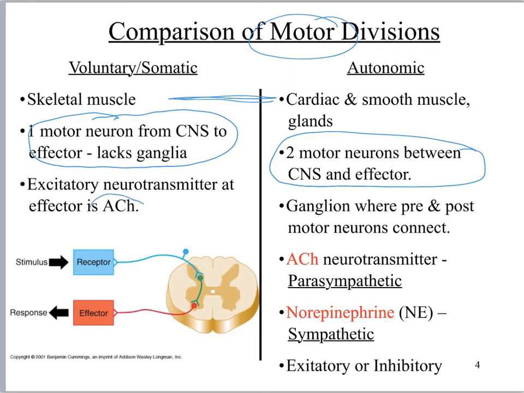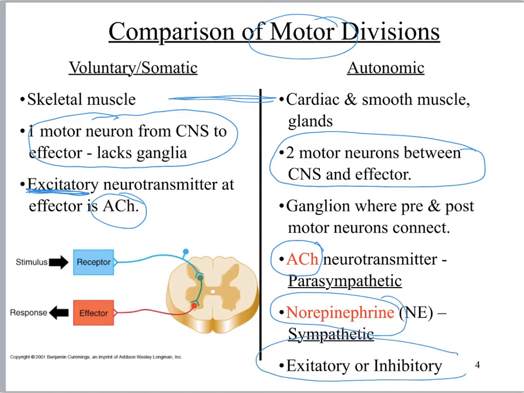Skeletal muscle is going to be using acetylcholine, but in the autonomic nervous system, depending on what type of division you're working with, whether it's parasympathetic or sympathetic, you will either use acetylcholine or norepinephrine, okay? Which means somatic is always excitatory, but in autonomic, depending on what neurotransmitter you're using and what kind of receptor you have, it can be excitatory or inhibitory.